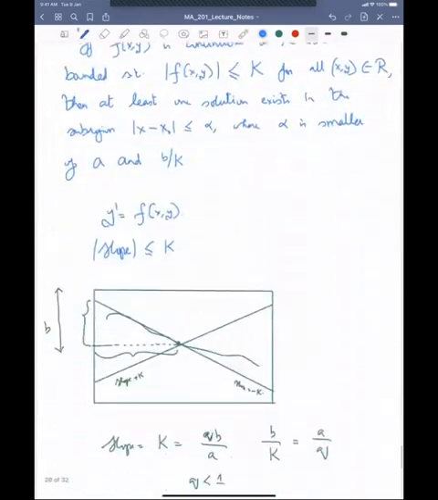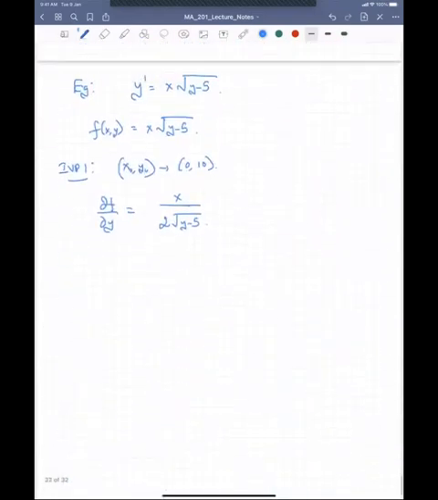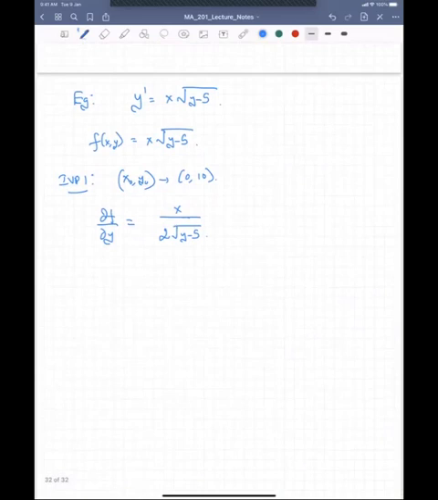Right? So take the same thing, I'll call this 1. And let's look at the same thing, but with the second initial value problem. x times square root of y minus 5, okay?